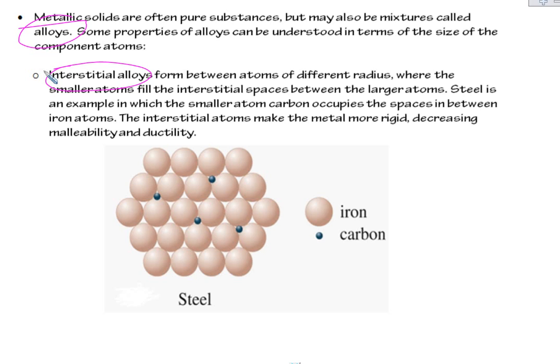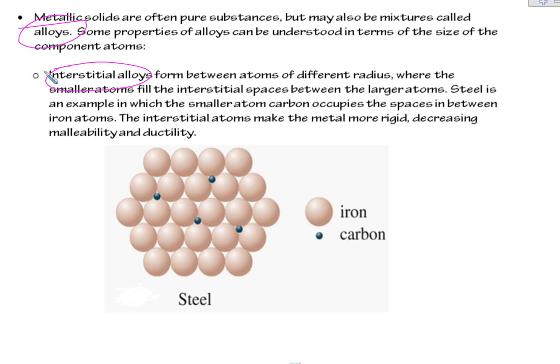Those are called interstitial spaces, the space between the atoms. So this would be a small atom, such as carbon, that would kind of fit itself in between the iron atoms and fill in those little spaces between the iron atoms.